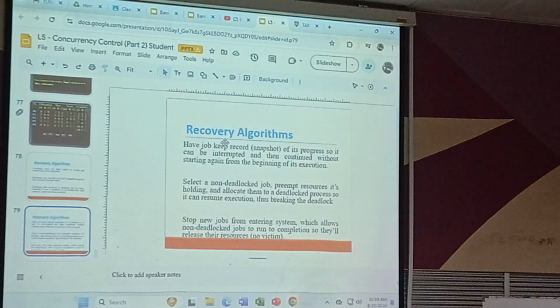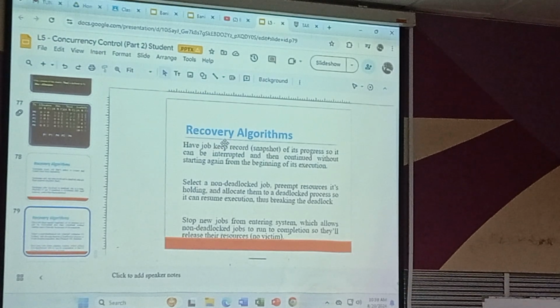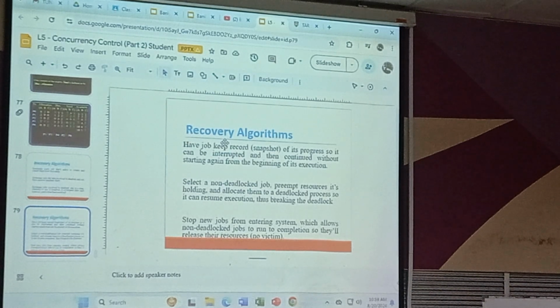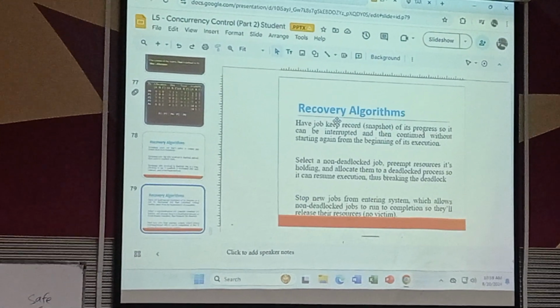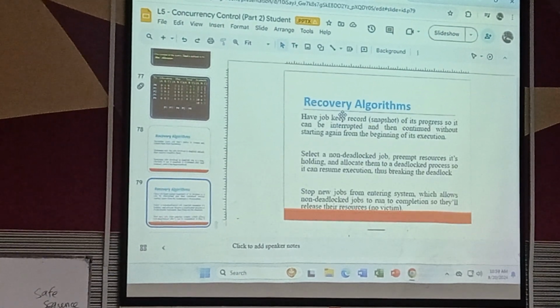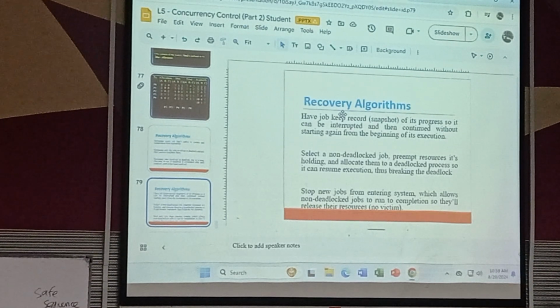So how does the operating system recover? First you have to find out using the graph whether there's a deadlock. If there's a deadlock, you kill one and then you roll back, without you needing to know what is happening. You roll back and then restart your program. Because your program is restartable and it can roll back, your program actually does not suffer. It can run all over again and continue to process the data successfully.